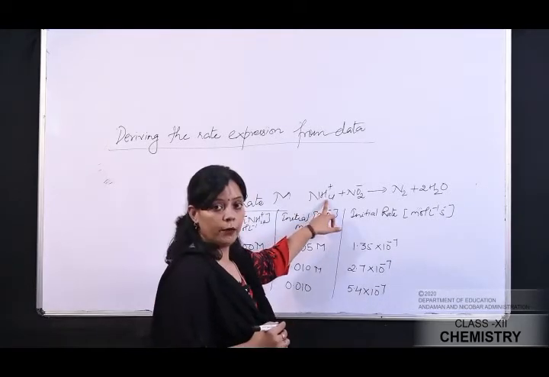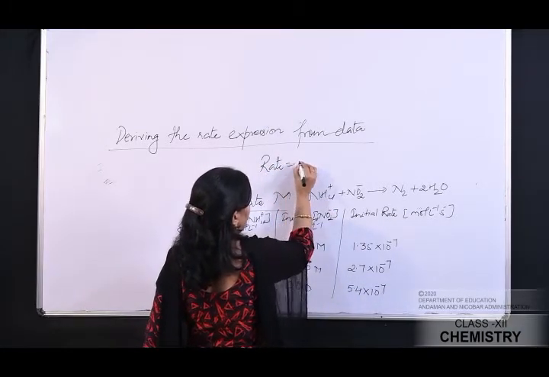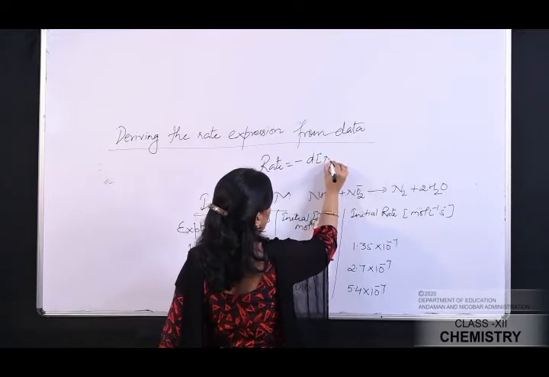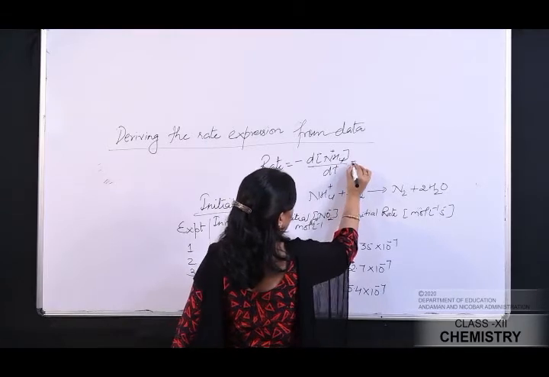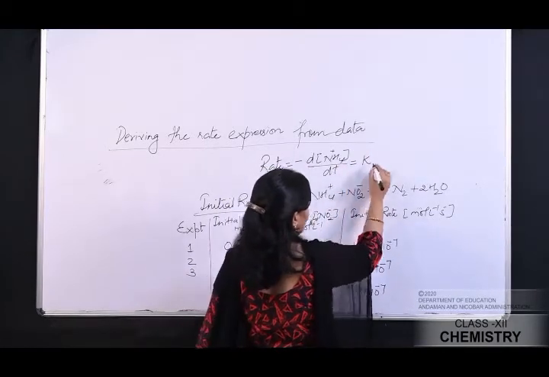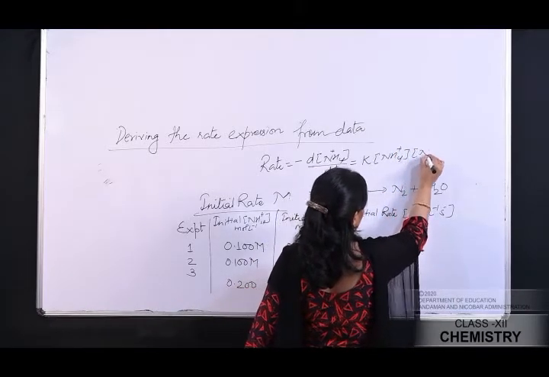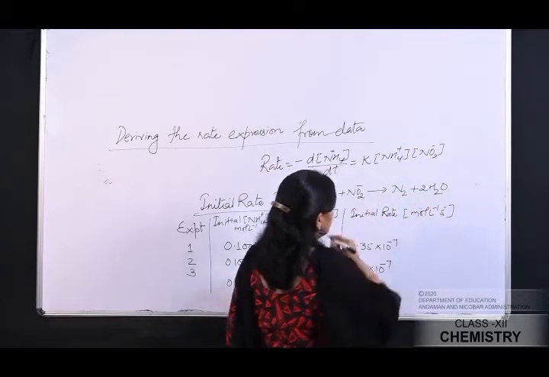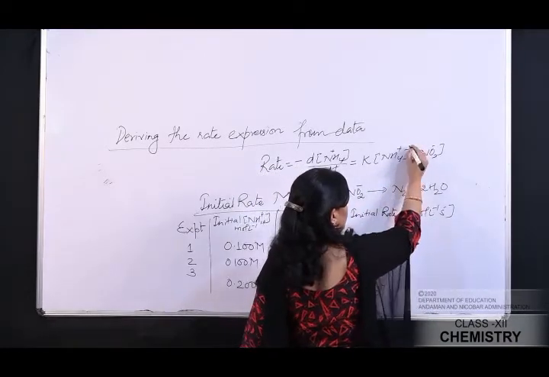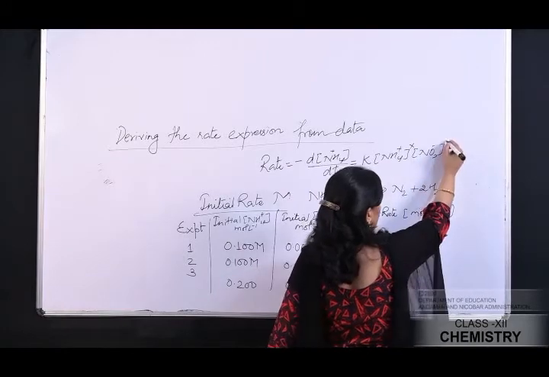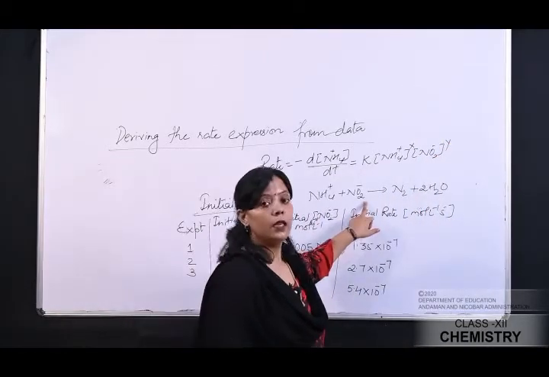So for this reaction, we can express the rate as minus d[NH4+]/dt, and it is represented as k times the concentration of ammonium and the concentration of nitrite anion. This is the rate equation for this reaction, where ammonium is raised to power x and nitrite is raised to power y. This is the rate law expression for this reaction.